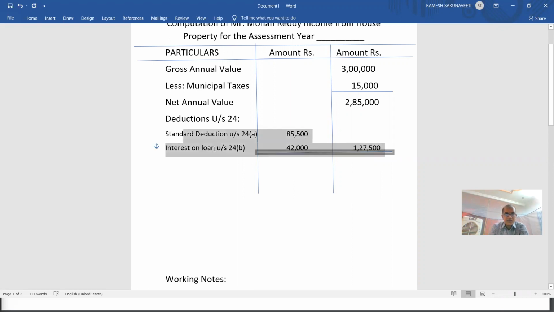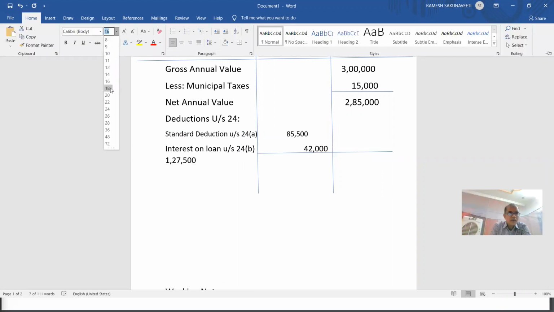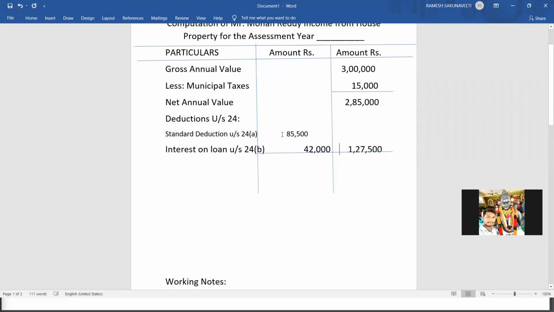Is it visible? Is it clear? Or shall I use the blackboard, or the green board, or shall I use it like this? This is clear, sir. Okay.